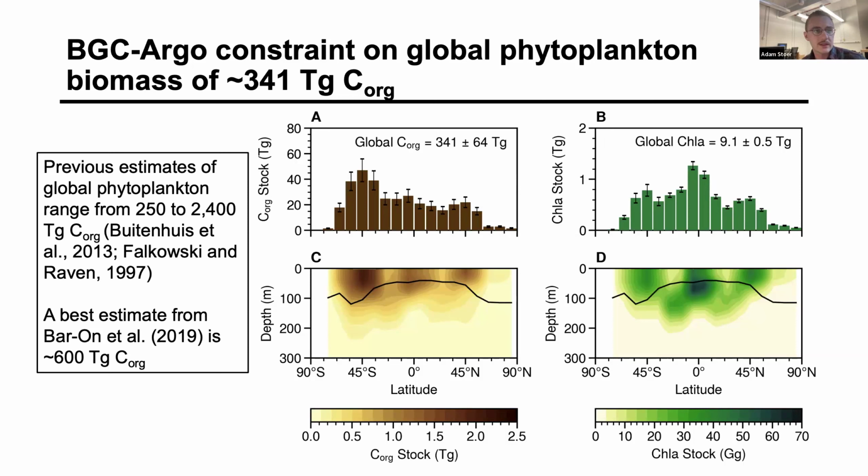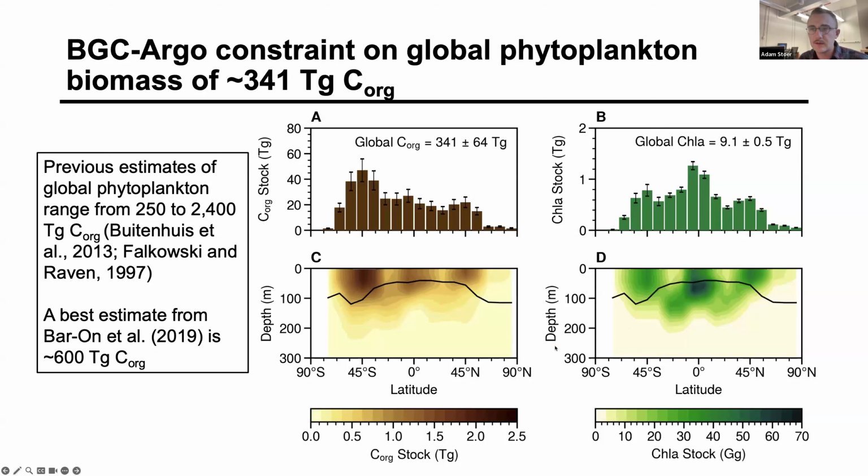That's roughly double what we have from BGC Argo. And the big value of this is that we have that subsurface information too, so we can account for maxima in chlorophyll and carbon that occur below the surface. And you can see that here, towards the oligotrophic regions of the ocean.